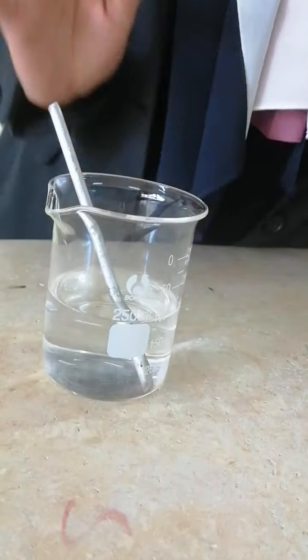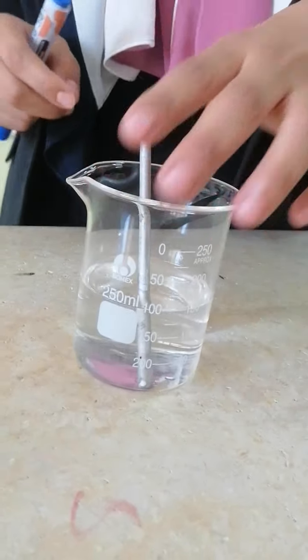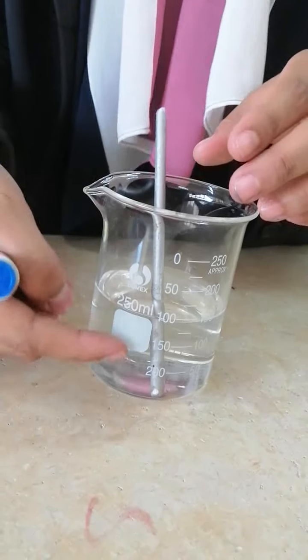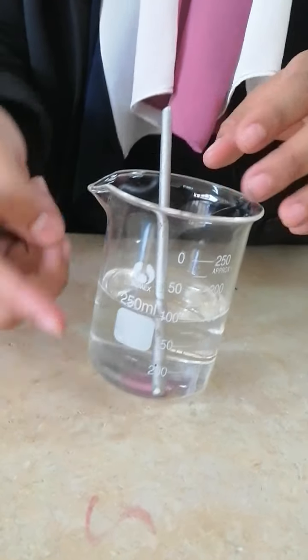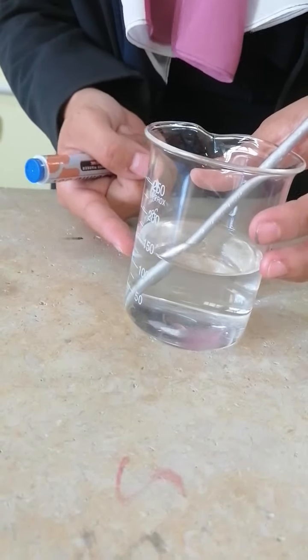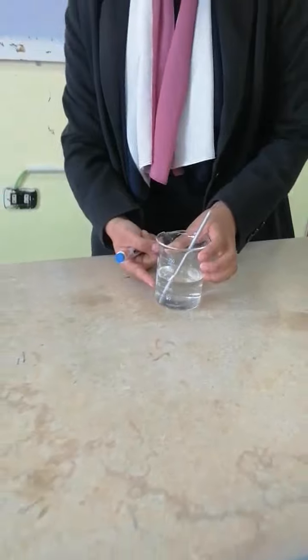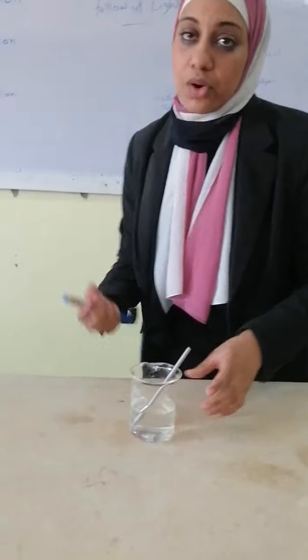And if you look at this beaker, you will see that it seems to be broken from the lower layer inside the water, okay? So what is the cause or the reason of that? We are going to show you on the board.